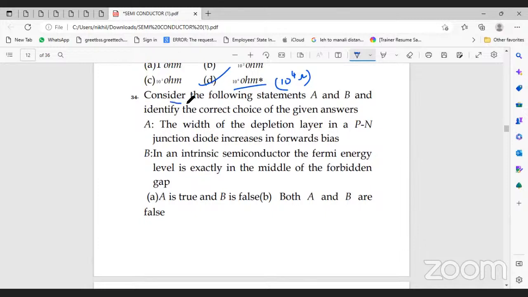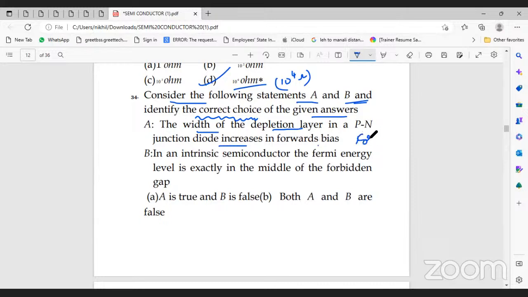Now, consider the two statements, statement A and statement B. You have to identify the correct choice of the given answers. The width of the depletion layer in the PN junction diode increases in the forward bias?